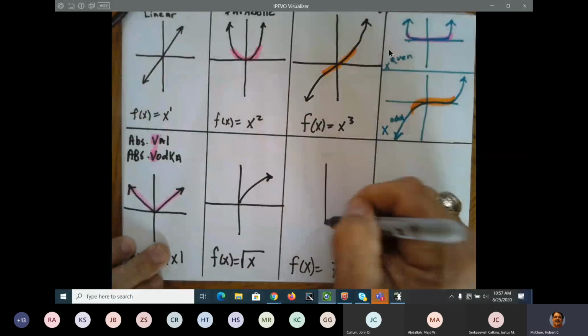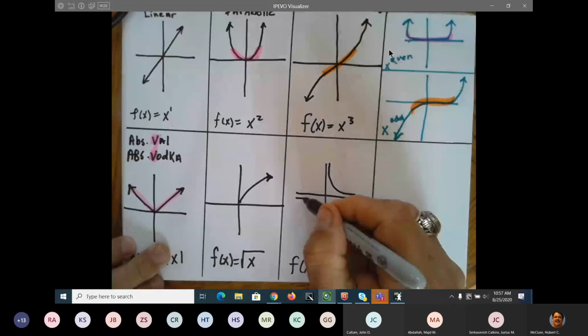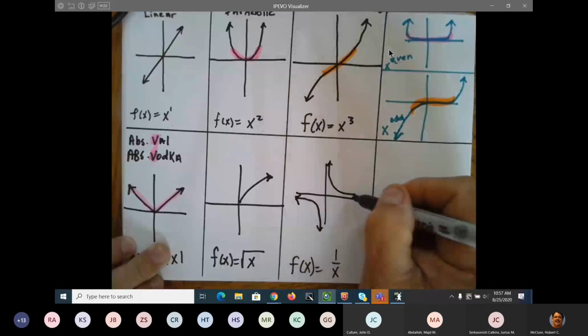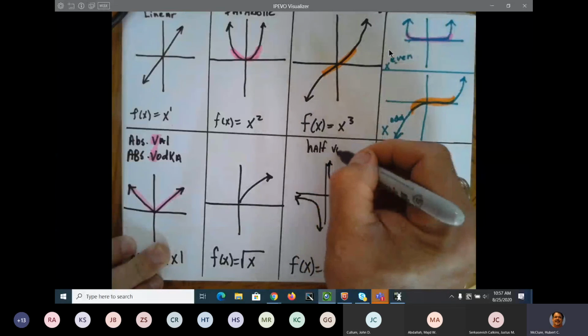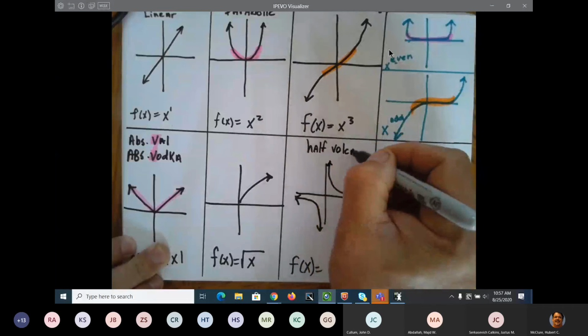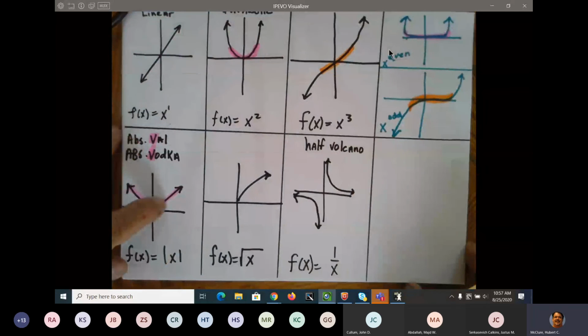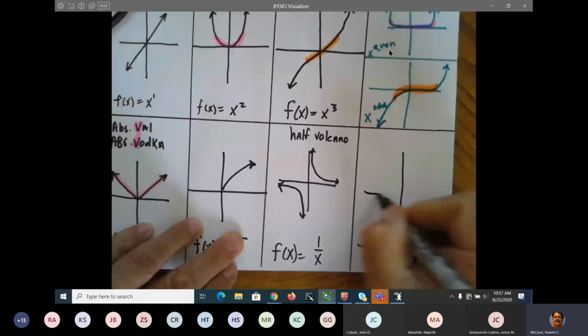That's a half volcano. And f of x equals 1 over x squared is your full volcano.